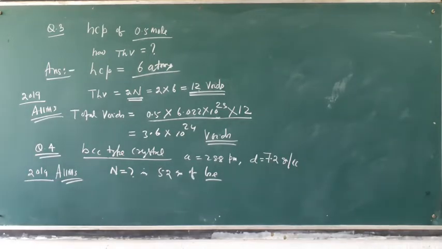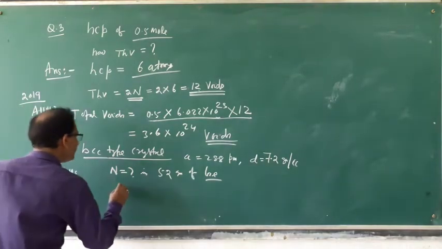Try to solve it. Pause the video and do it. I am giving some time. You can solve it in a different way. Density is given, edge length is given, mass of substance is given, and the number of atoms is asked. Very simple. Let me do it.